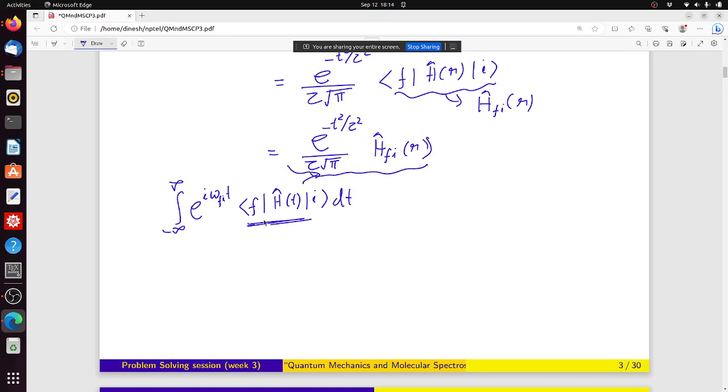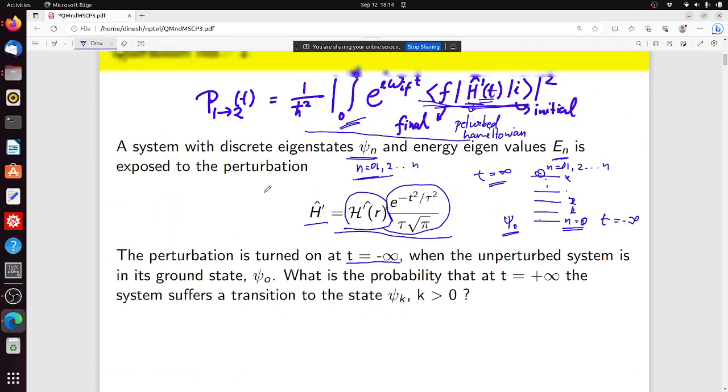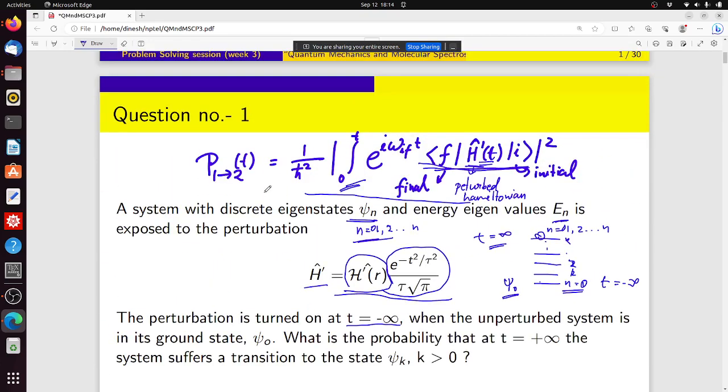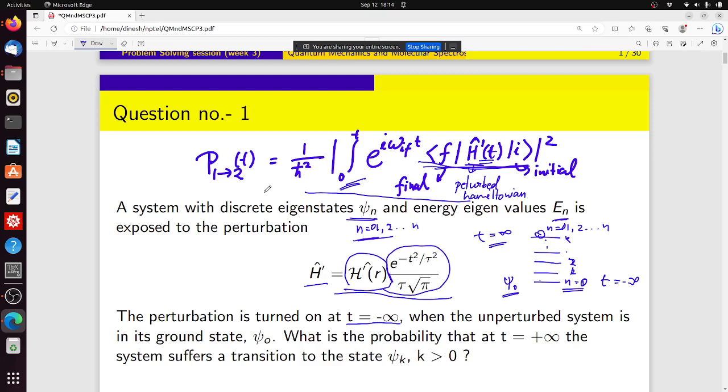Sir, in the formula there was some term of omega fi and electric field also, no? Yes, for that our perturbed Hamiltonian was the electric field. In that class we were considering the perturbed Hamiltonian coming from the Lorentz force, actually qE. Here we are considering a different perturbation; that example was different.